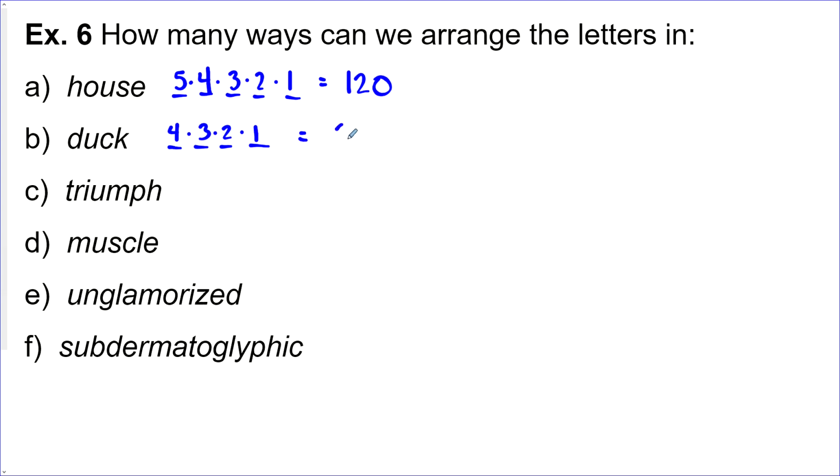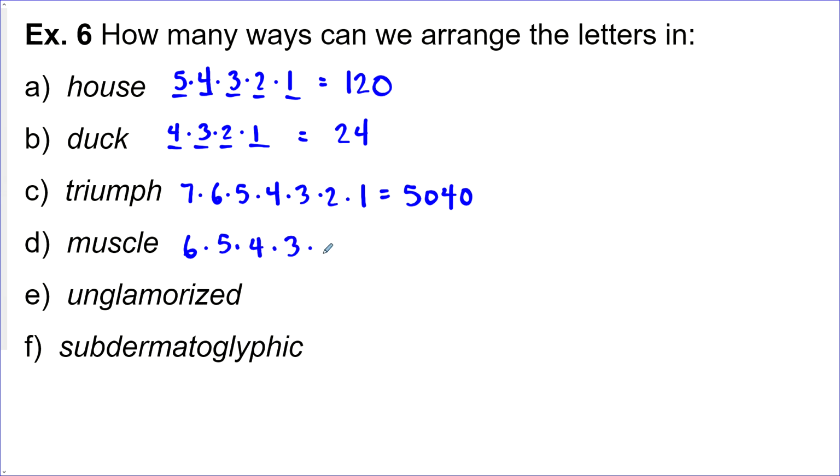So 24. The next one, 1, 2, 3, 4, 5, 6, 7. So we got 7, 6, 5, 4, 3, 2, 1. When we multiply those out, we get 5,040. This one has 6, so 6, 5, 4, 3, 2, 1, 720.